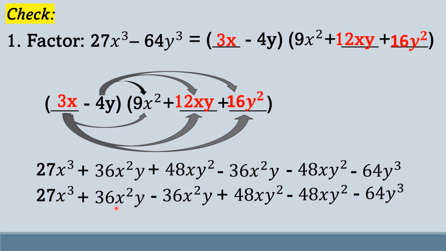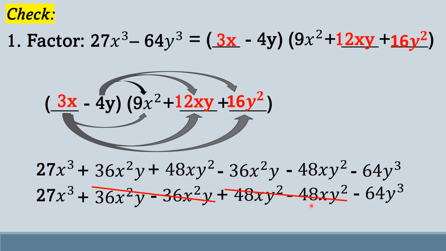So we are going to combine the like terms. We have here the like terms, positive 36x squared y minus 36x squared y. So if we combine, that will give us 0. Another one, we have plus 48xy squared minus 48xy squared.